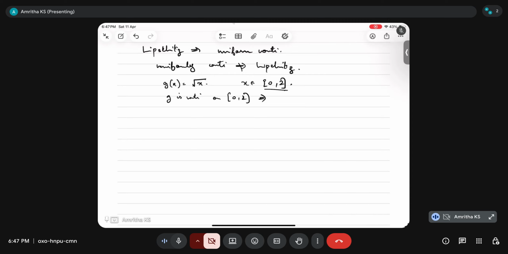This would imply that g is uniformly continuous.